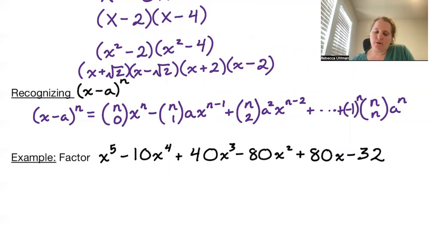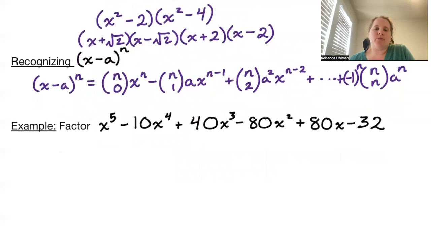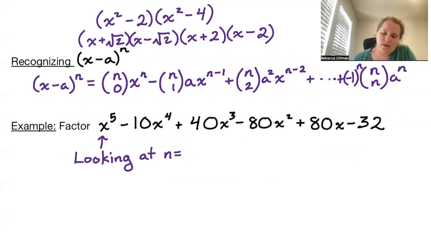So for example, if we have x to the 5th minus 10x to the 4th plus 40x cubed minus 80x squared plus 80x minus 32, we're looking at x to the 5th, so we're looking at n equals 5.